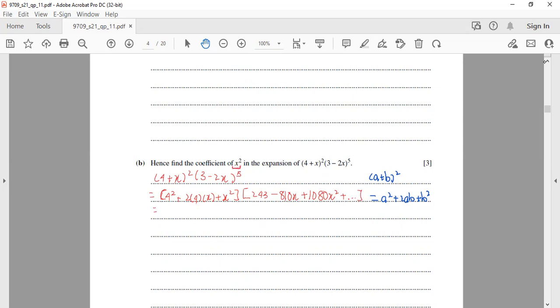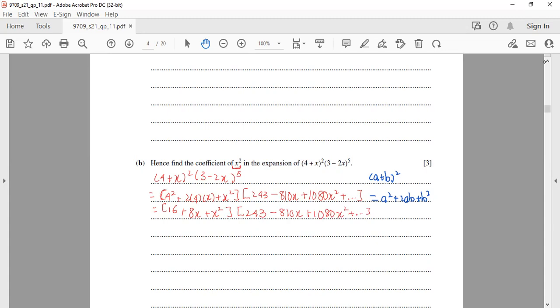So let's simplify the first part: 4 squared is 16, plus 2 times 4, 8x, plus x squared, into 243 minus 810x plus 1080x squared and so on.